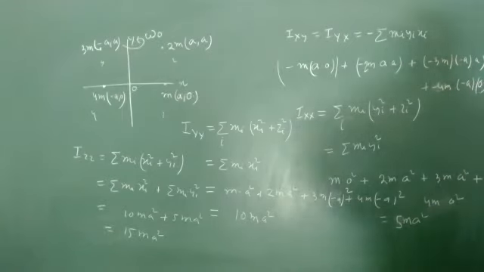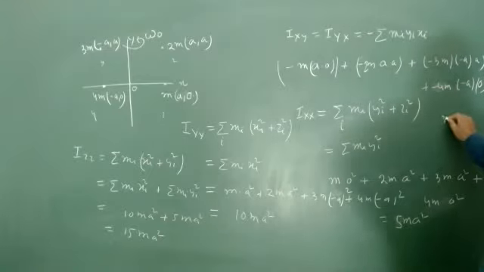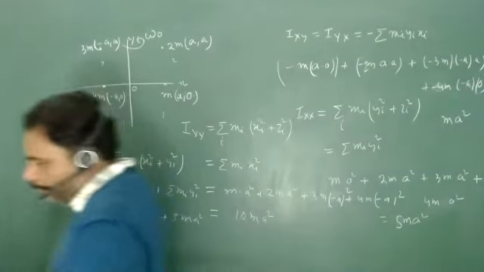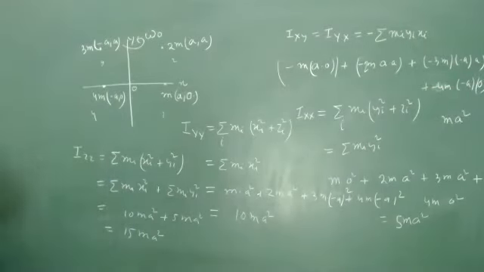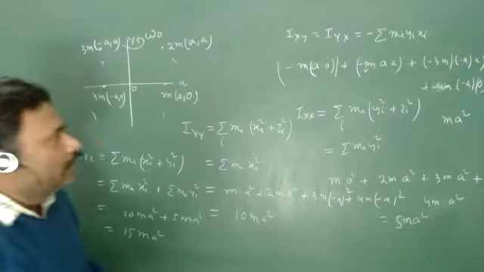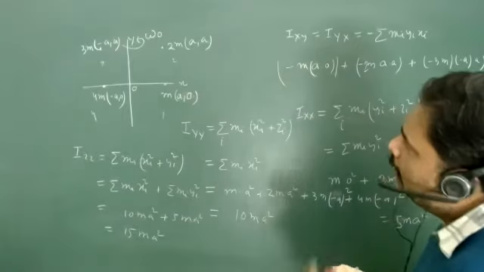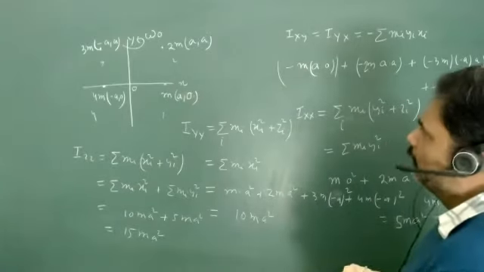So what will be this value? m a square. So that value is m a square. Now you can see for this arrangement, my moment of inertia tensor is not a diagonal one.